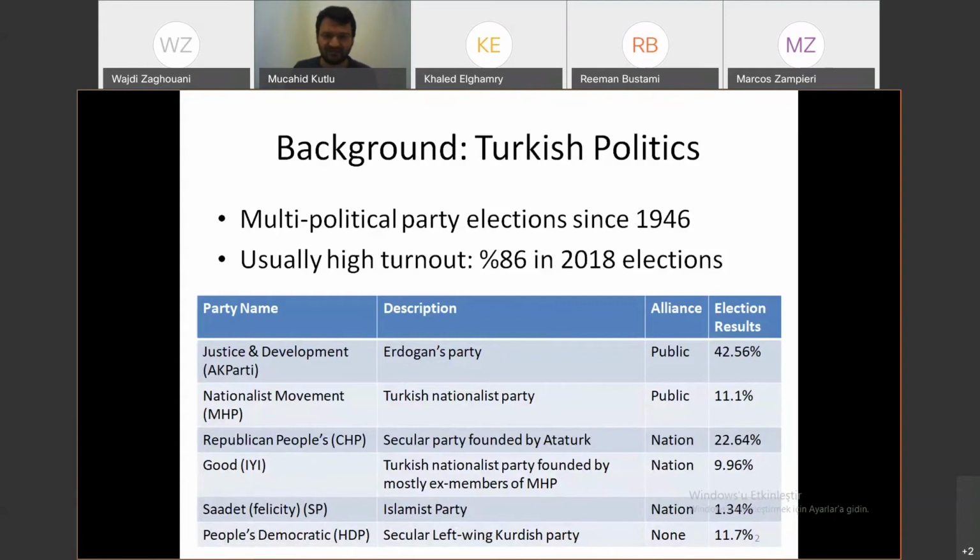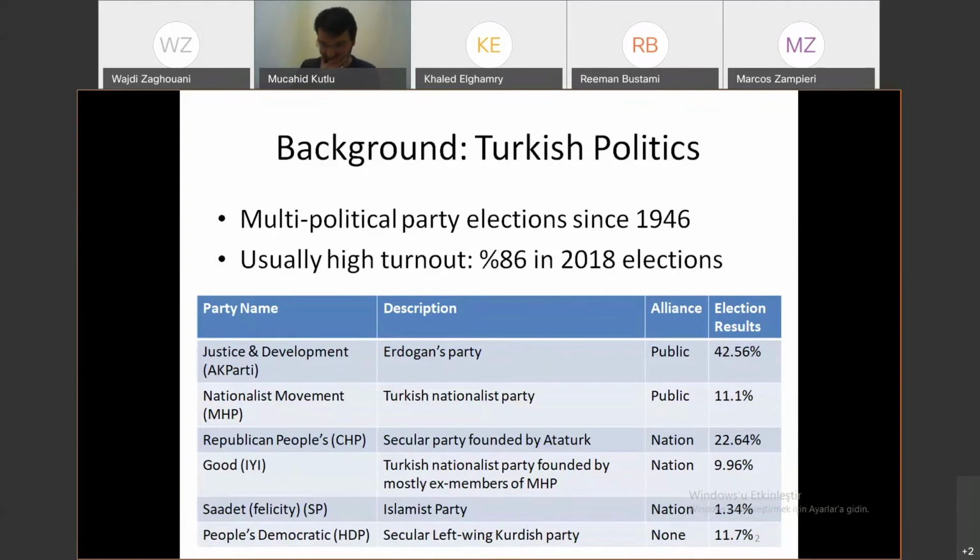Multi-party elections have been held in Turkey since 1946, and usually there's a very high turnout. In the last presidential elections in 2018, it was 86%. In Turkish politics, there are more than 20 political parties, but we can say that only 6 of them are major.